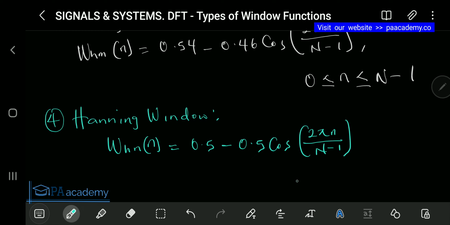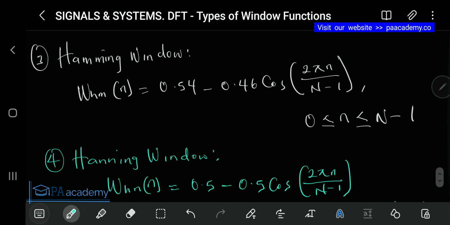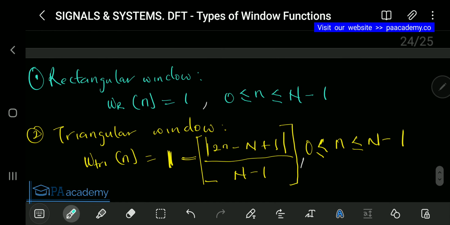The range for it is also 0 less than or equal to n, less than or equal to N minus 1. Alright, so these are the 4 types we are going to be making reference to.